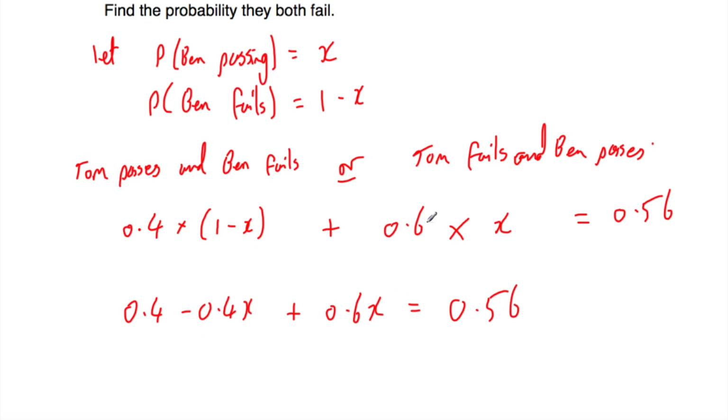Now let's solve this equation and find out what x is. Looking at our terms involving x, minus 0.4x plus 0.6x would be 0.2x. So we've got 0.4 plus 0.2x equal to 0.56.